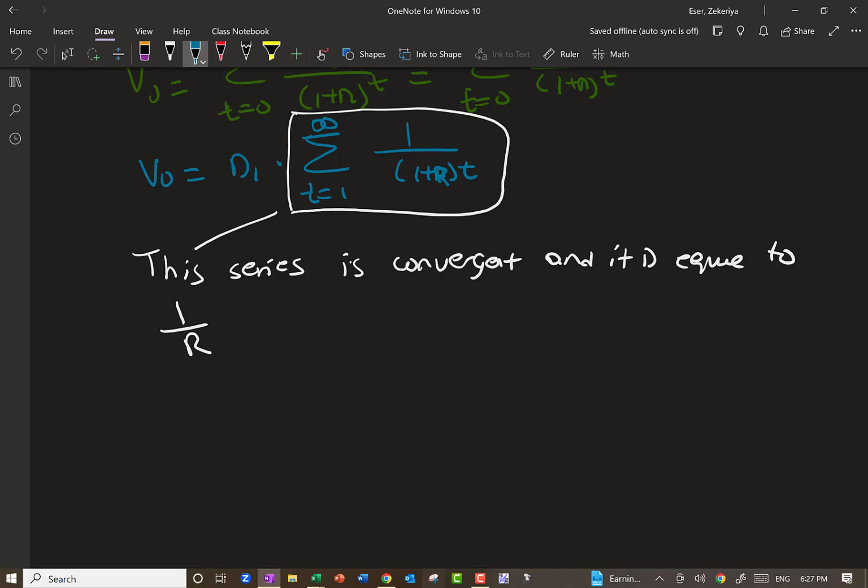Hence, if I told you that dividends are going to be constant, and I told you what the discount rate was, you could calculate the value. This is also known as a perpetuity.